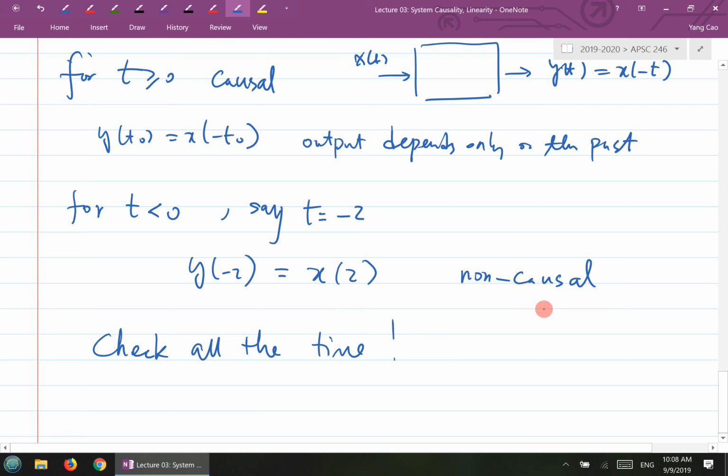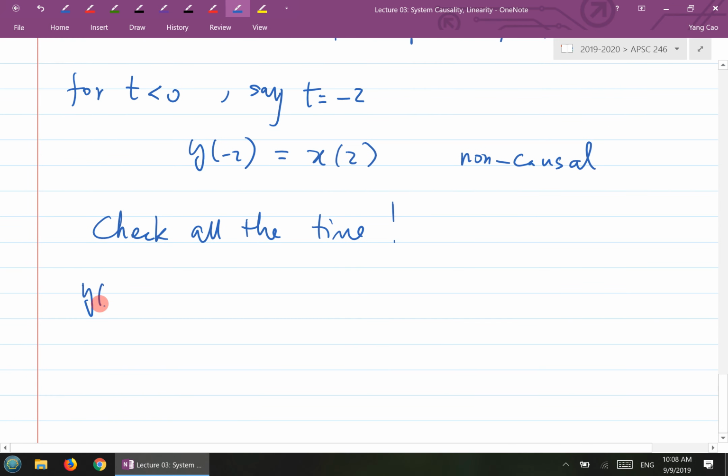Any questions so far on causality? I want you to exercise yourself. If you have a system y equals x of at, and a does not equal 1, what would be the causality of this system?